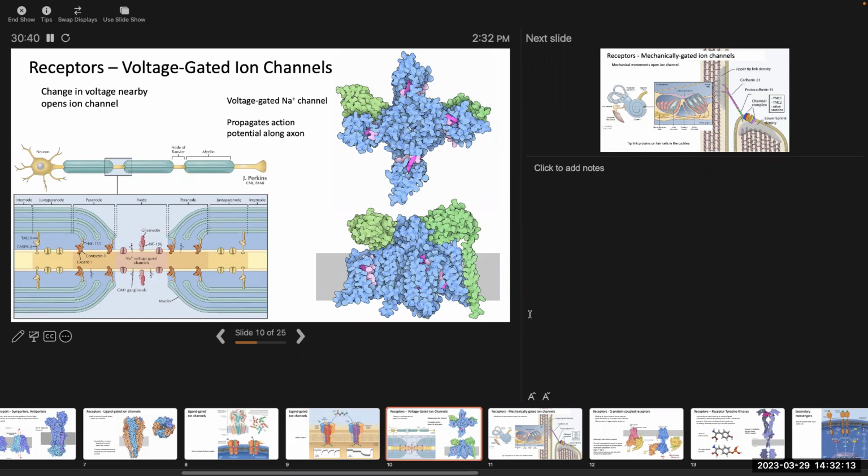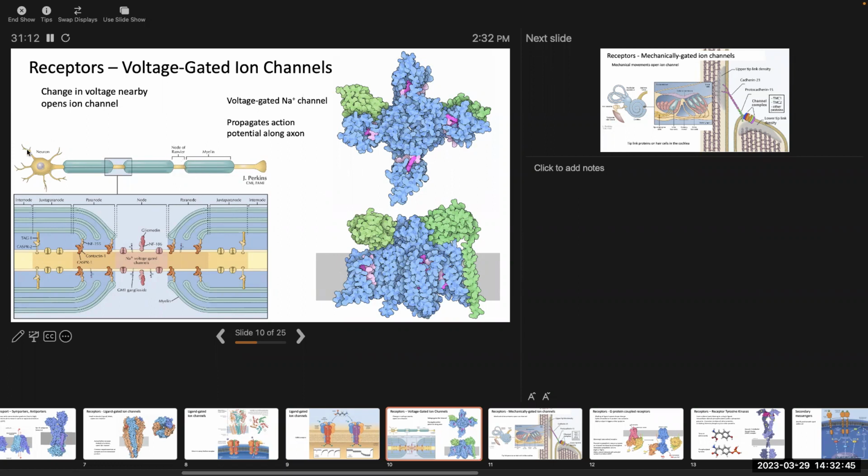Now, in the case of a myelinated axon, like you see over here on the left, we've got the neuron cell body, and we've got these green things, which represent pieces of myelin. The myelin acts as an insulator, so there's really no change in voltage happening in the myelinated portions, but all of your ion channels are concentrated in these little gaps called the nodes of Ranvier, little gaps in the myelin sheath.